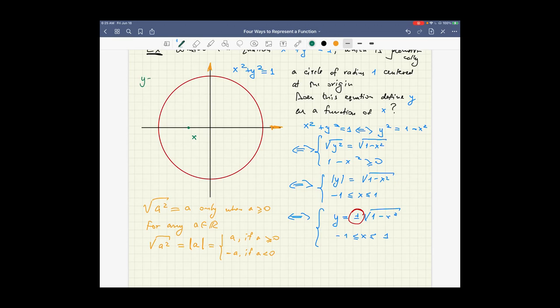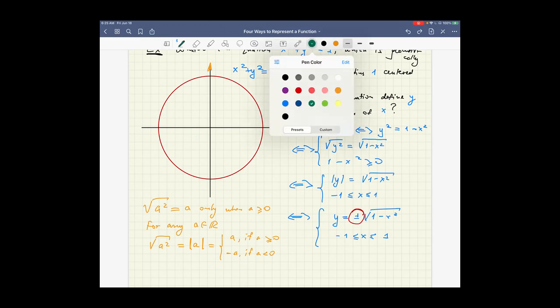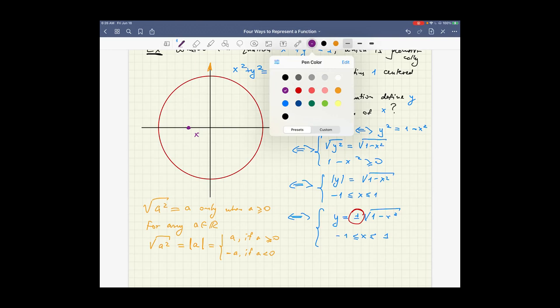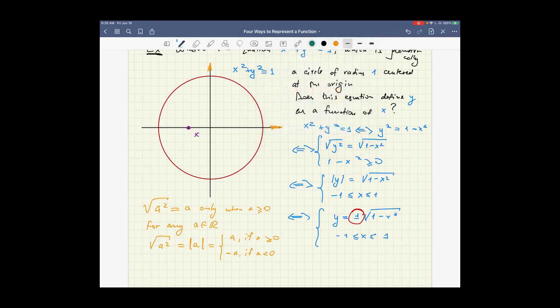One is y equals positive square root of 1 minus x squared. Let me use another color here for x, not green maybe. One function is y equals positive root 1 minus x squared.